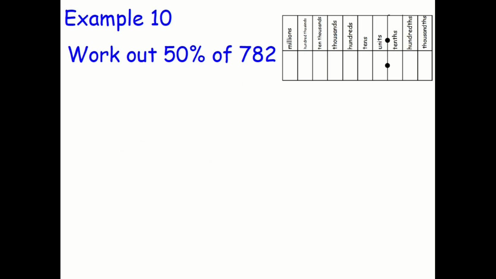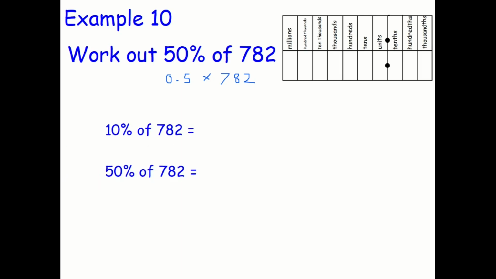And example 10, work out 50% of 782. So again, you can do it this way if you wish. 0.5 multiplied by 782. You can do it this way if you wish. 10% of 782. Well, we know now what we do in the place value table, so this is 78.2.